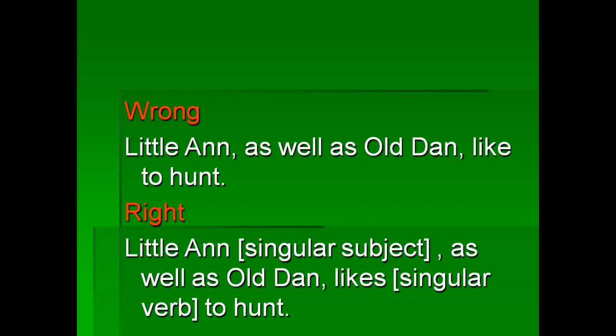So each subject here, Ann on her own, old Dan on his own, they take a singular verb. So the correct answer here is Little Ann as well as old Dan likes. Likes.